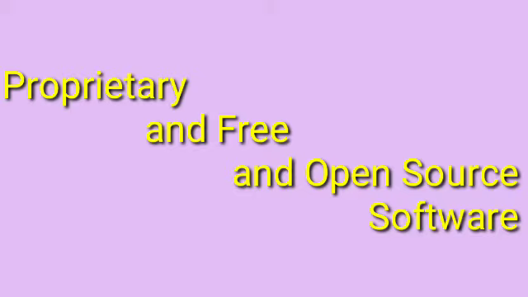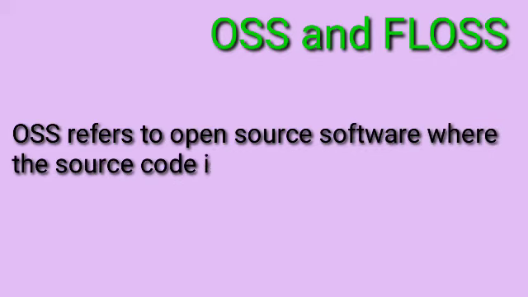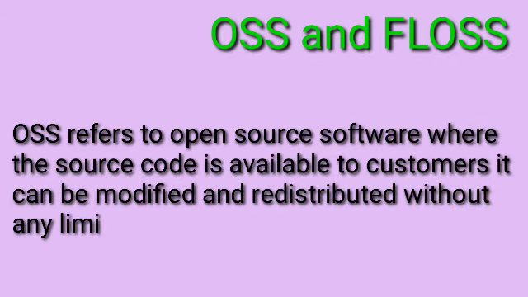Now let us see the most trendy and important topic where you have to clear your doubts regarding proprietary, free and open source software. OSS and FLOSS. Here OSS refers to open source software, which means the software whose source code is available to the customers and it can be modified and redistributed without any limitation.